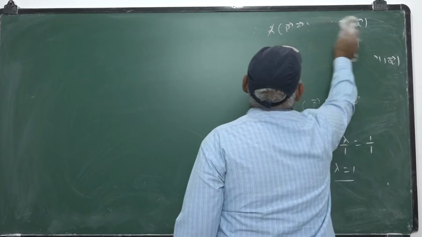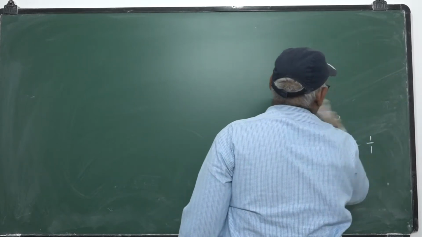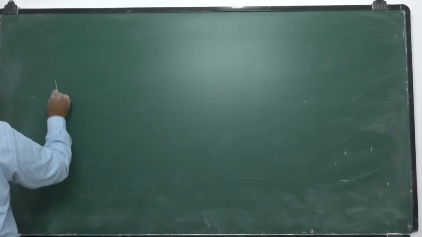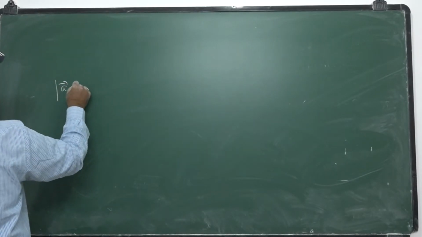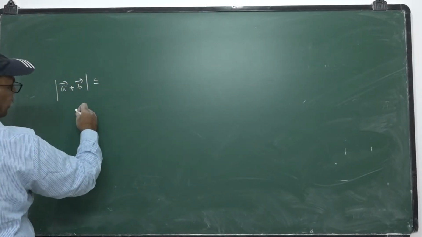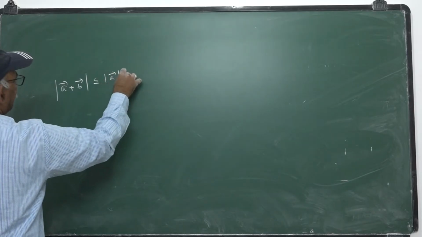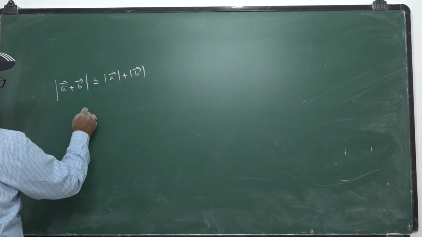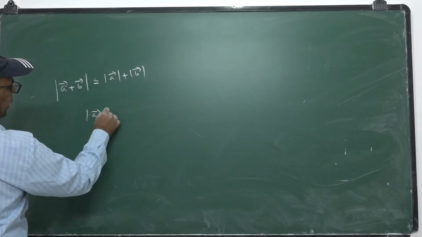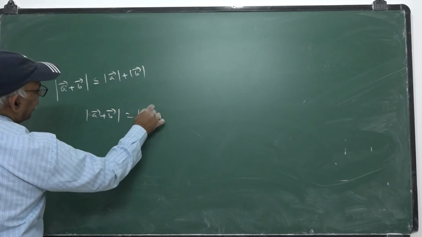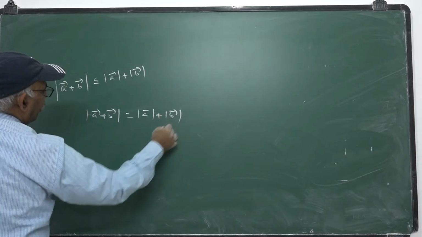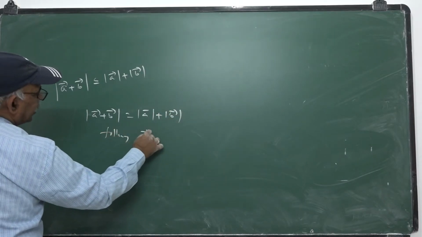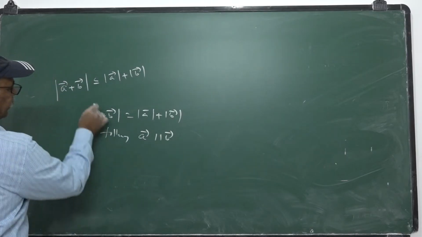Triangle inequality: actually modulus of A bar plus B bar is less than or equal to mod A bar plus mod B bar. But here mod A bar plus B bar equal to mod A bar plus mod B bar holds whenever A bar is parallel to B bar only.